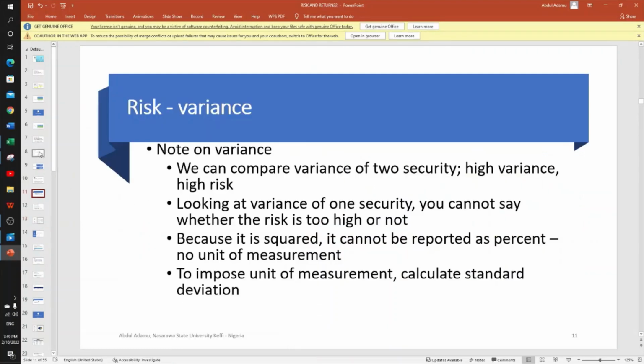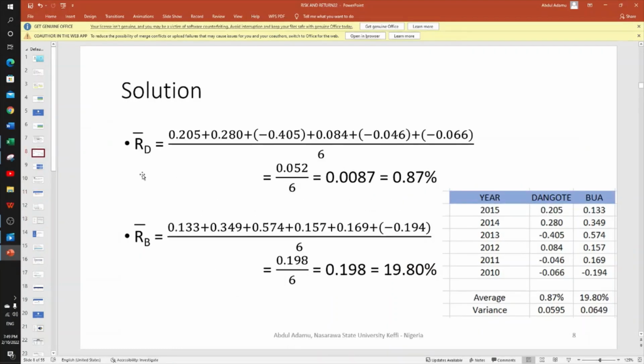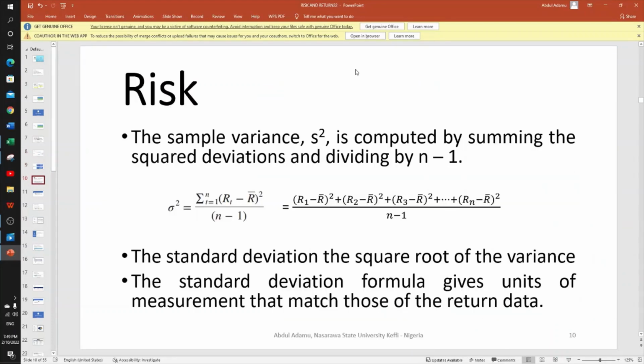This is the mean for Dangote. So we subtract this from each of the returns, add them together and divide by n-1 degrees of freedom. We are dividing by n-1 because it is a sample variance.